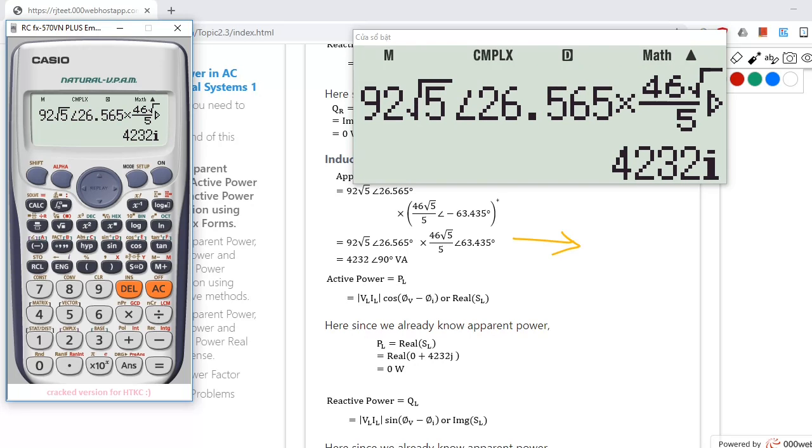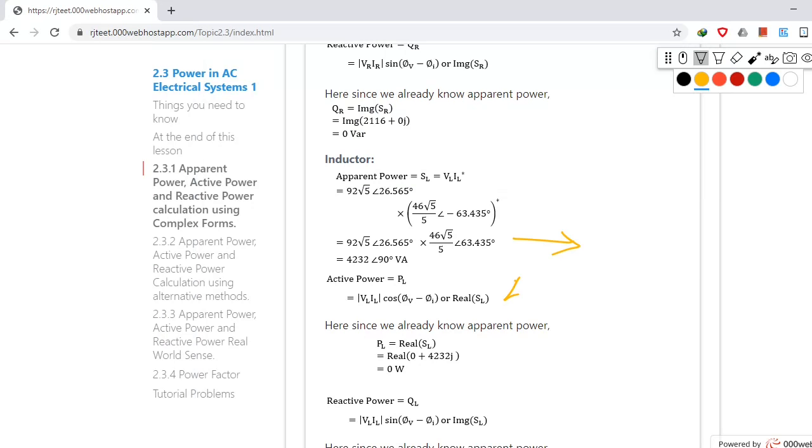All I get is an imaginary number, so it's going to be 4,232.